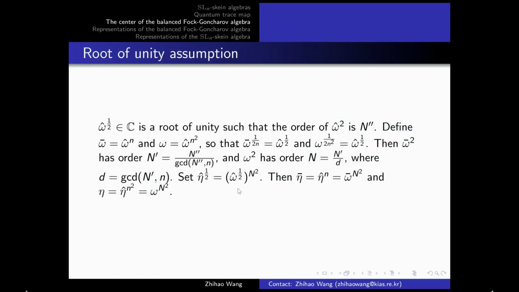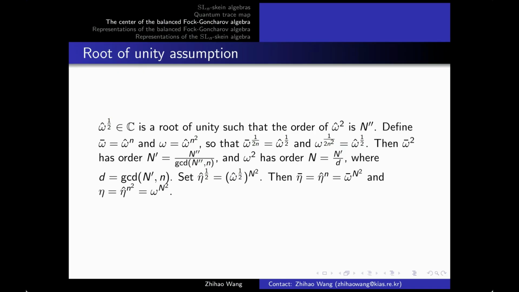Okay, now let's look at the root of unity case. So here is the convention for the root of unity case. This guy is a root of unity such that the order of the omega hat square is n double prime. So this is our definition. We already introduced this omega bar and omega.